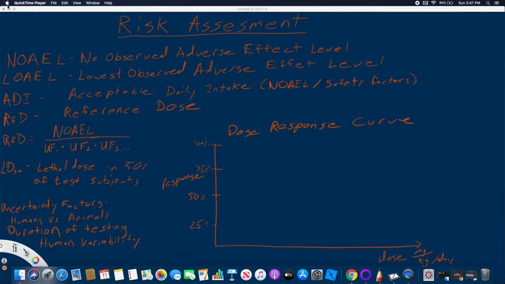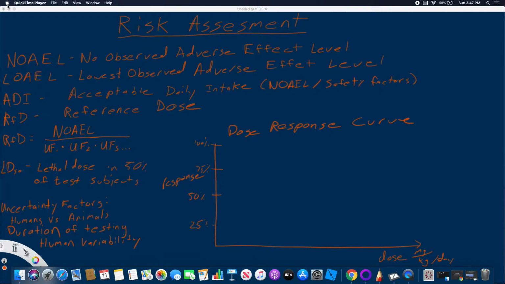So, starting out, we're going to discuss some topics on terminology, and then we'll go through a few examples. Okay, so risk assessment. What is risk assessment? Basically, we're talking about what is the risk for a human developing some kind of either organ damage, basically, or cancer.